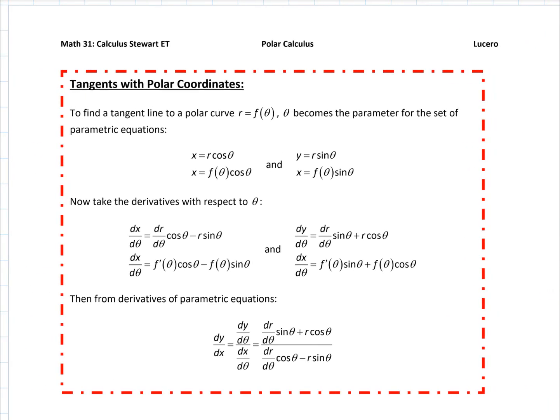If that is true, and we come across a polar equation, r equals f of theta, then theta can become just the parameter.